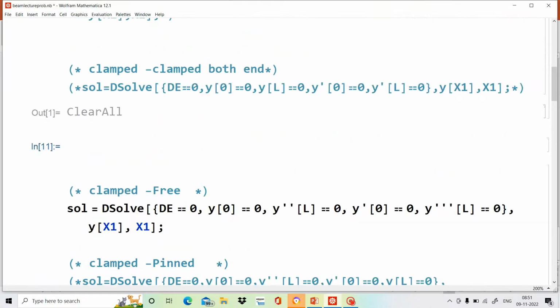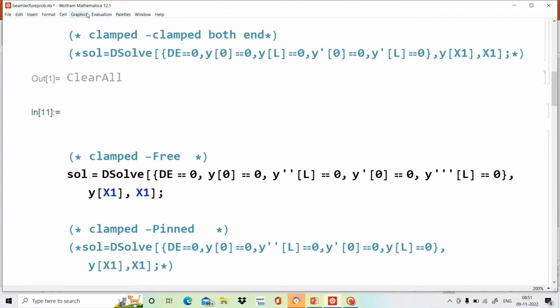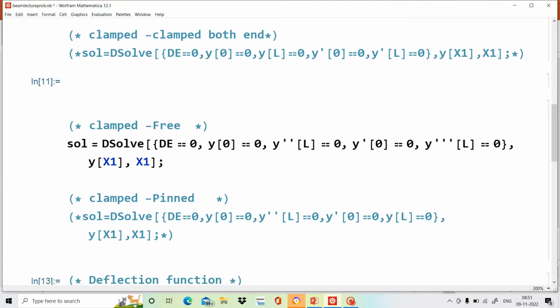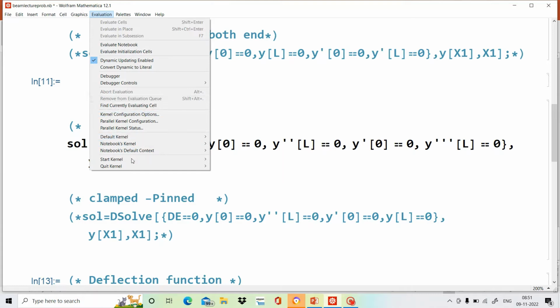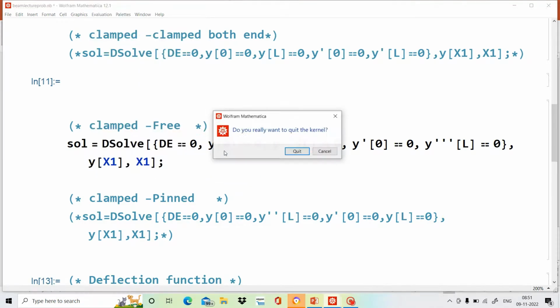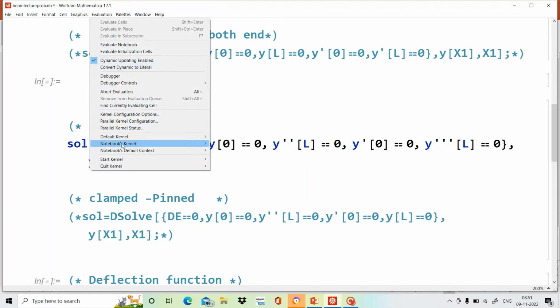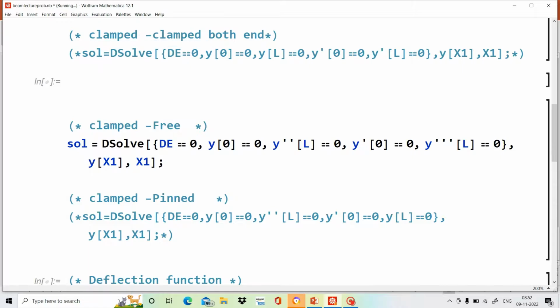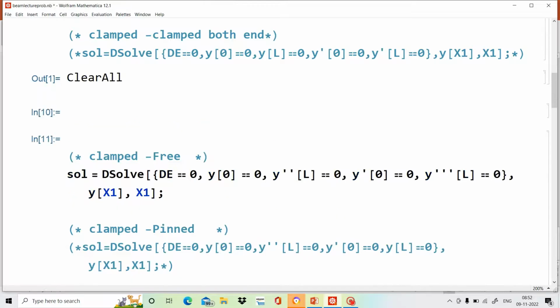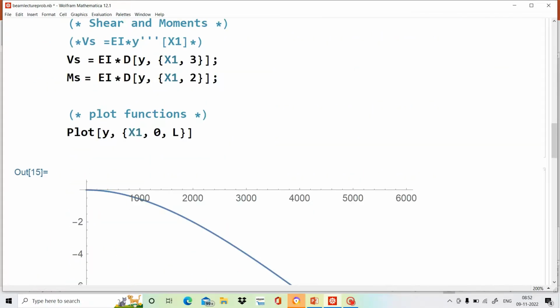First of all, delete all output, then we will run that, and we will see that clamped free conditions means it is a cantilever case. So let's see the cantilever beam.